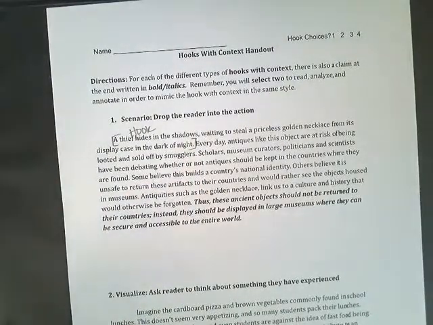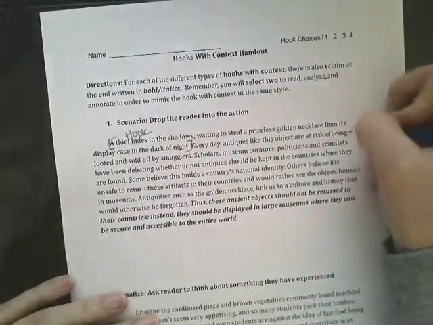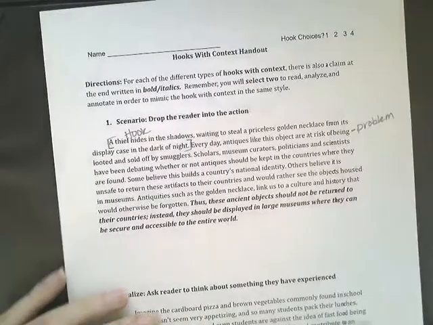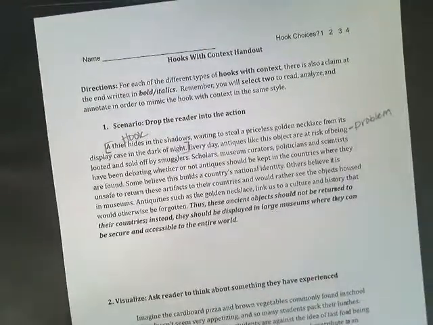It says, every day antiques like this object are at risk of being looted and sold off by smugglers. That part right there is actually the problem. Part of context is telling us what the problem is or what the issue is. So we did that right away in this one. Then it says scholars, museum curators, politicians, and scientists have been debating whether or not antiques should be kept in the countries where they are found.